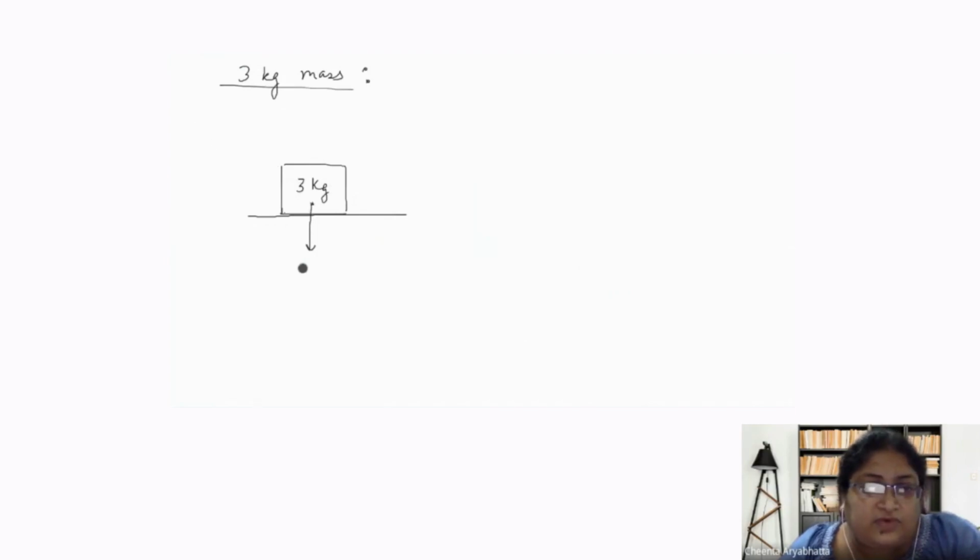I have the force due to gravity. And then there is a normal reaction N3. And what are the forces acting on it? T1 and then T2, because it's tied with two strings. So there are two tensions, T1 and T2. That's it.